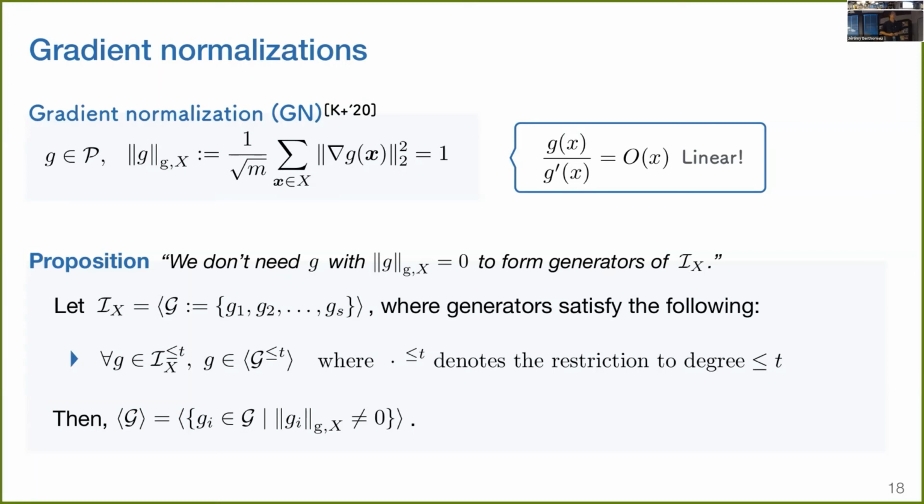But fortunately, we can prove that if we need this polynomial to form our set of generators, then we don't need such a g. If the gradient of g vanishes at all samples, then we don't need this g. So this normalization is valid in our vanishing ideal computation.